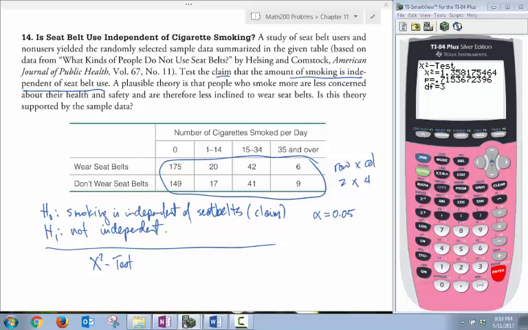And with a chi-square test, we have a test statistic of 1.358, which is really small, and so our p-value is expected to be pretty big. And then we'll end up with our conclusion.